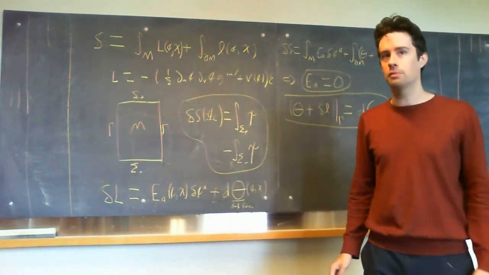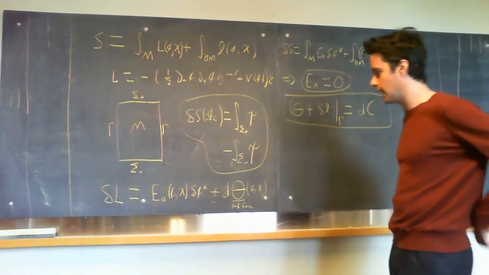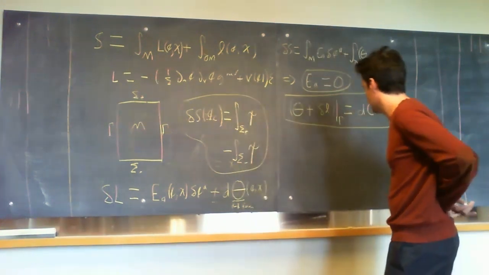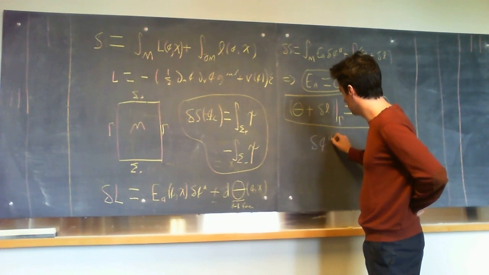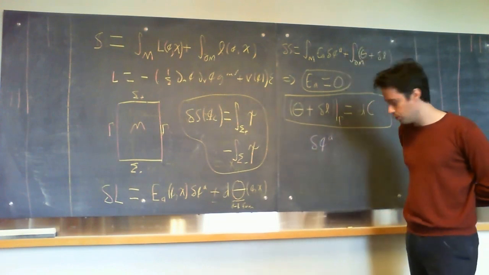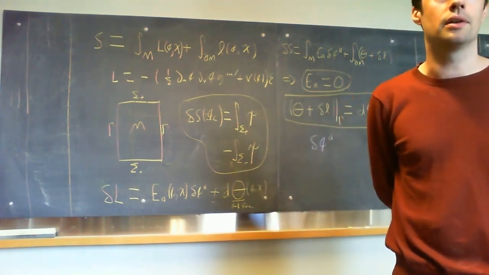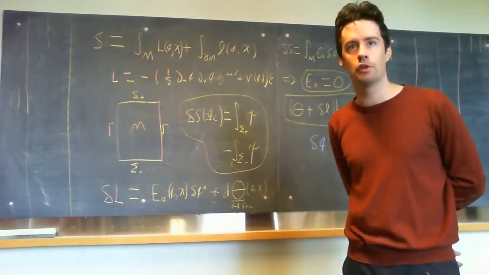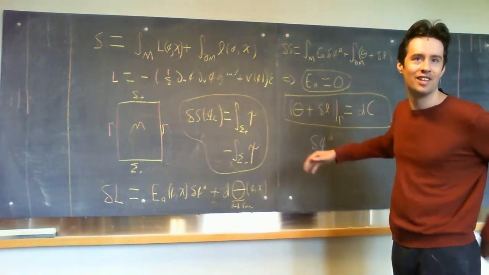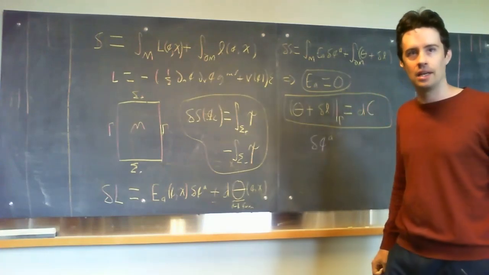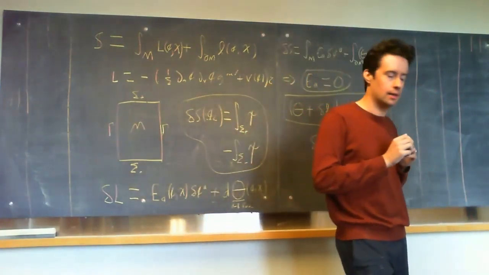So to define the pre-symplectic form, I first want to make a notational aside, which has to do with the meaning of this symbol delta phi a. So far, maybe you've been thinking about this the way that we think about it when we first learn about it, which is that this is like an infinitesimal deformation of the field configuration phi.